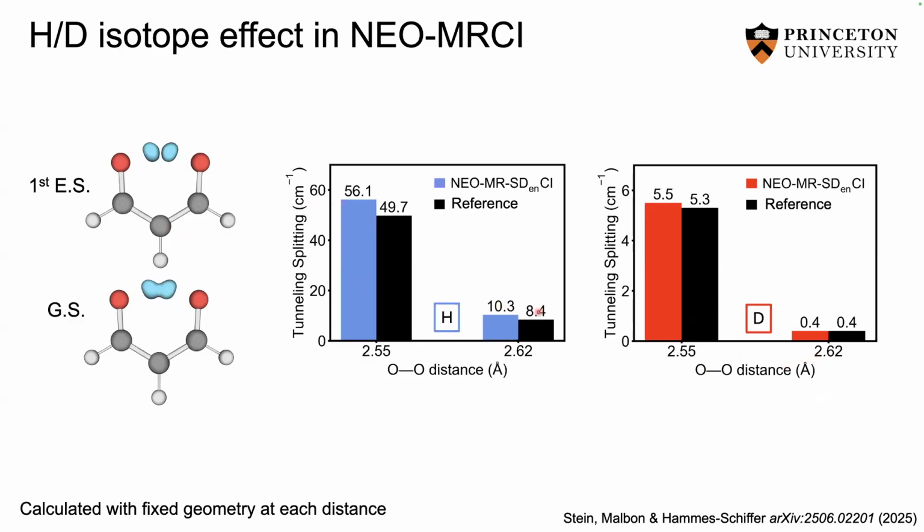And we see that it is more than a factor of 10 lower, which qualitatively makes sense. It's a heavier particle, and therefore it's going to be less delocalized, and its tunneling rate is going to be lower. And so the main takeaway is that we can, with a high degree of accuracy, capture the tunneling splitting of these proton transfer reactions, and we can also capture the isotopic substitution effects.